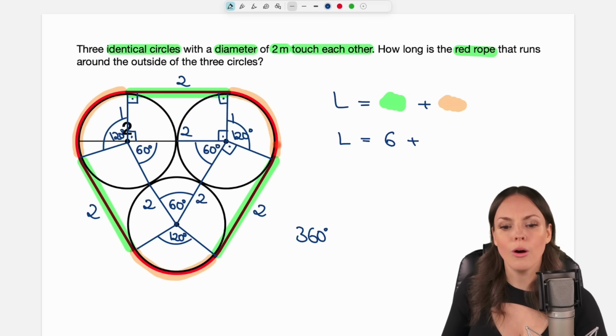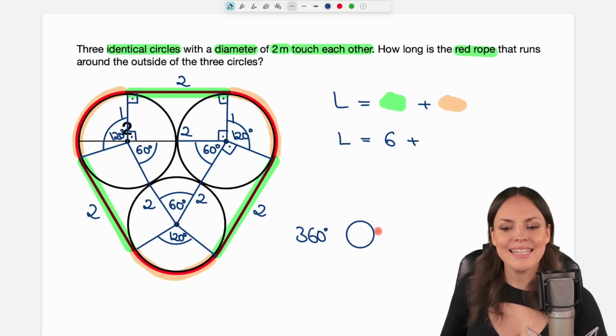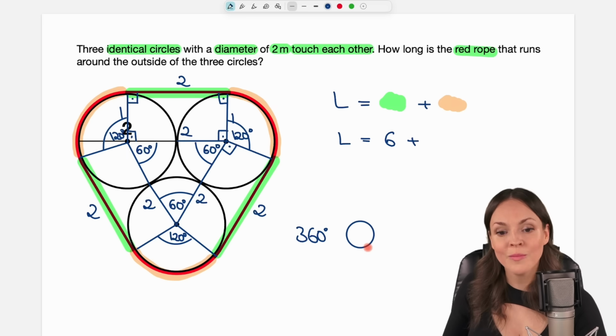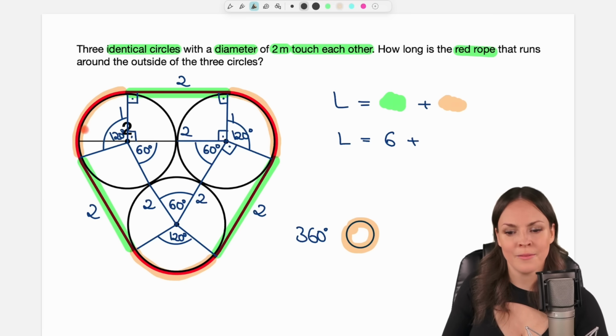So if I put all of these arcs together, I get a full circle, and I just need the length of the circumference of the circle. I don't need to use these arcs. I can just use a full circle. This is going to be the length of my orange parts together.